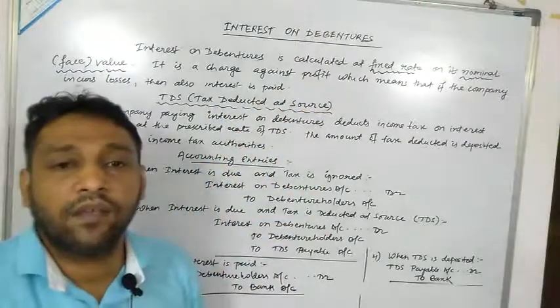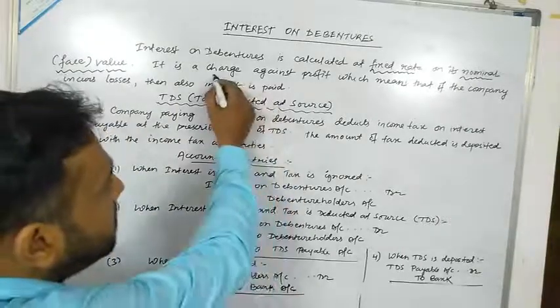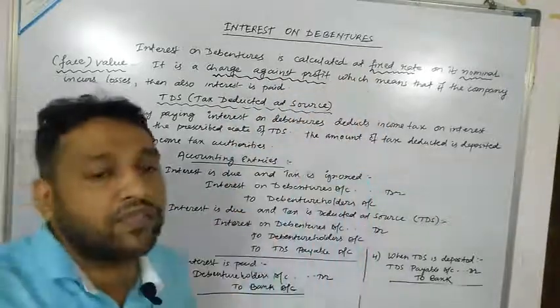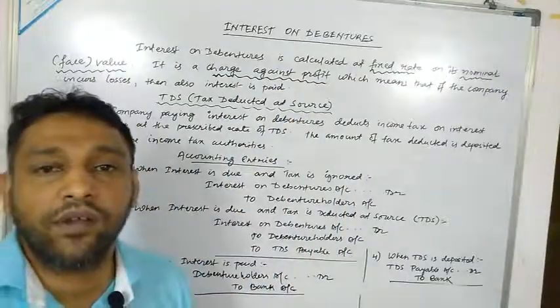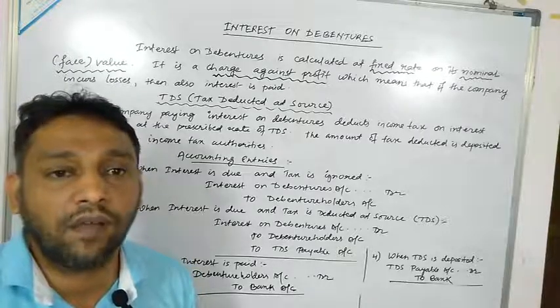Always remember that interest on debentures would be considered as a charge against profit. Charge against profit means what? That means the company has to pay the interest on debentures irrespective of profit or loss of the company.